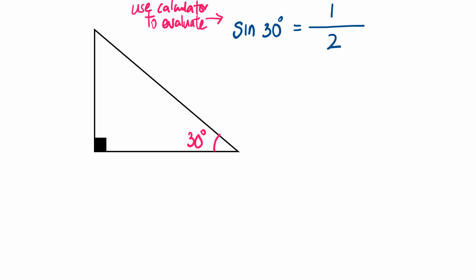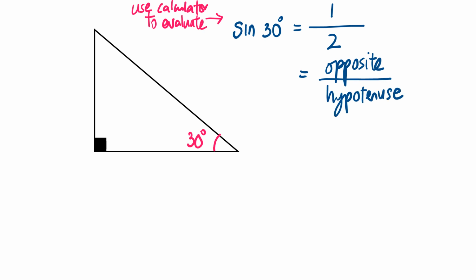Remember earlier on we said that sine of any angle is actually a ratio where we take the length of the opposite divided by the length of the hypo. So in this case here, the opposite is equal to 1 unit. The hypotenuse is equal to 2 units.